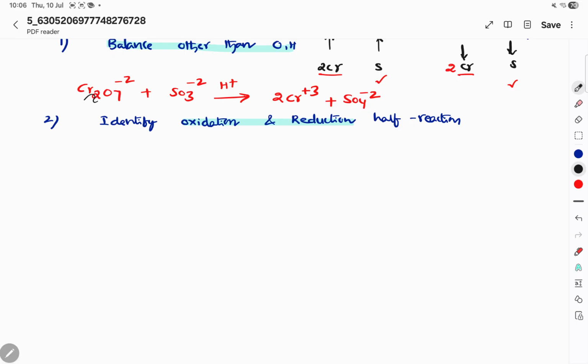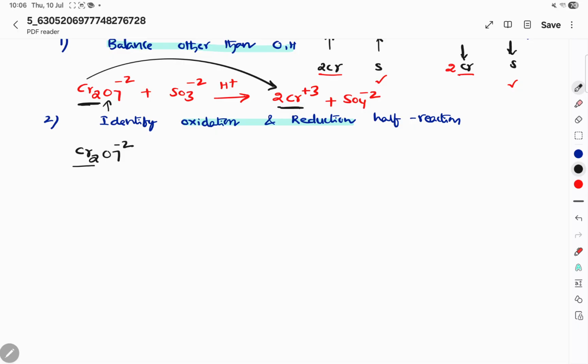Now you can see chromium on the left hand side and chromium on the right hand side. Chromium is surrounded by oxygen atoms on the left, but on the right chromium has no oxygen atoms. So the number of oxygen atoms decreases, and a decrease in oxygen atoms is called reduction. Now compare another way.